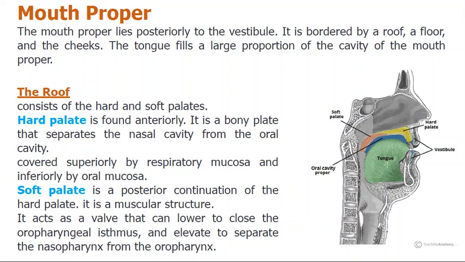Now, the roof of the oral cavity proper, as we mentioned, is formed by the palate, and the anterior portion of the palate, yellow in color here in the picture, is called the hard palate.